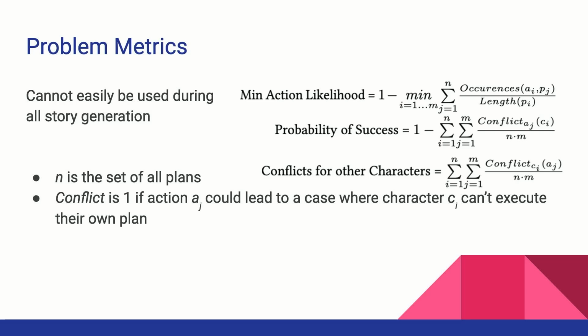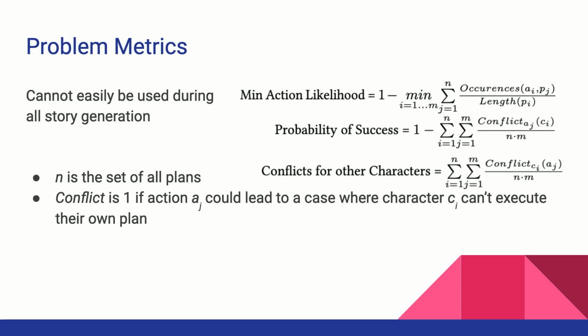The other problem, however, is that conflict, as defined in this paper, is essentially a sum over a set of plans with 1 for each conflict created for another character. Again, remember these metrics are evaluating how much a given action counts. So if this action creates conflicts for other characters, that increases it. The problem with this definition is that it counts if it can create any conflicts.